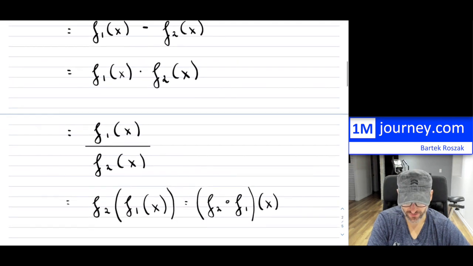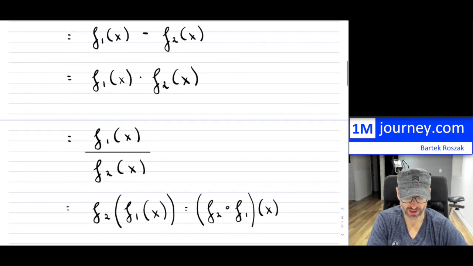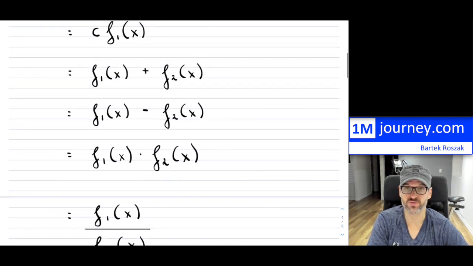And then what if you take one function and treat it as an input to another function? This last one is the composition of functions, so composite functions. The one before it is the quotient. So when you have division, then you have a product, and then of course you have an addition and a subtraction, so a summation or a difference.